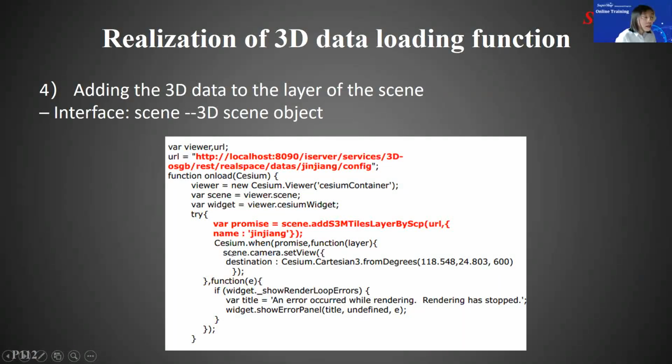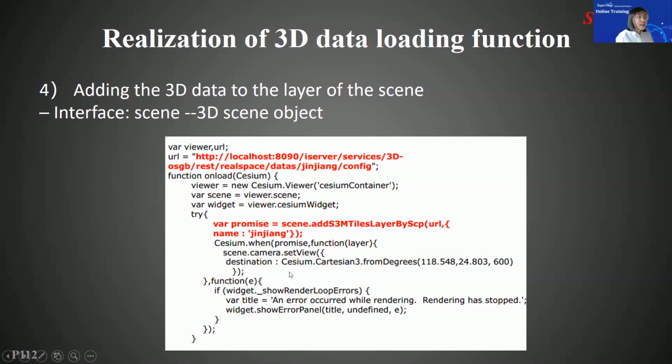Then next step is scene.camera.setView. When we already have the layer data, already added a layer in this 3D scene, we have to set our camera view, because it's a 3D globe. Then we have to know where the layer is located.